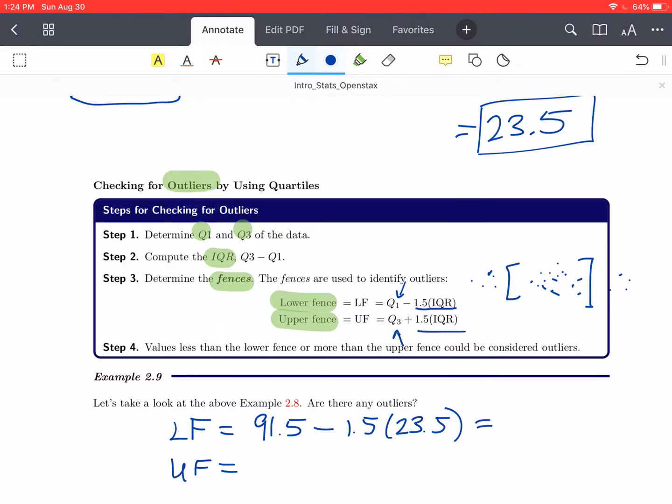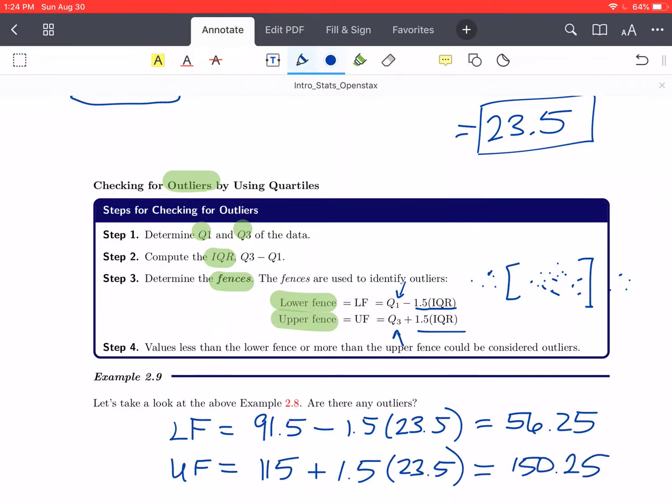Run that calculation, we get 56.25. And the upper fence, we start with Q3, which is 115, plus 1.5 times 23.5, which is 150.25.